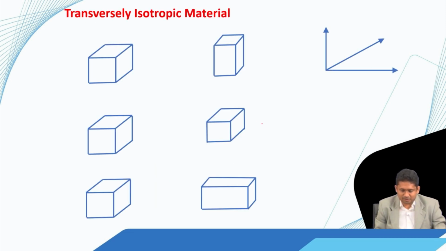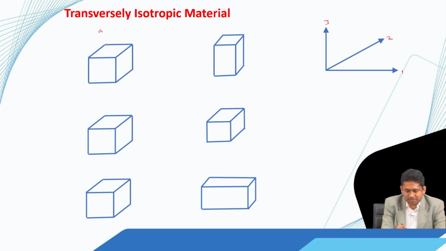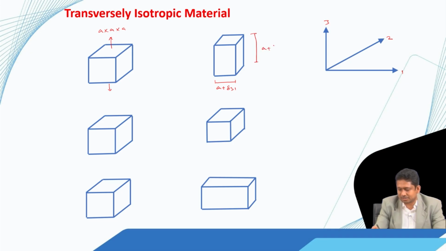Now, if I look at that same loading effect for an isotropic material, what we see here is this. Again, if I load it along direction 3, it is going to contract along direction 1. So, we will have A plus delta 31, and here we have A plus delta 3, and here we have A plus delta 3.